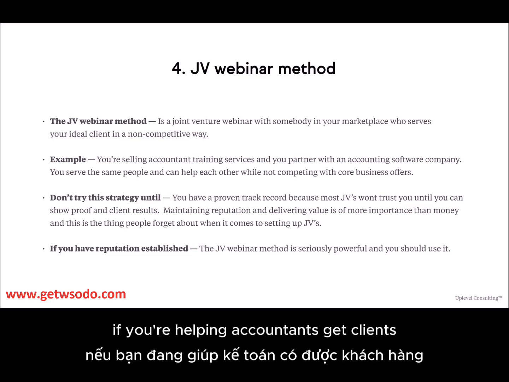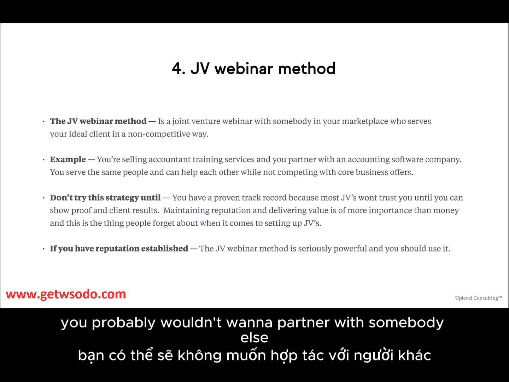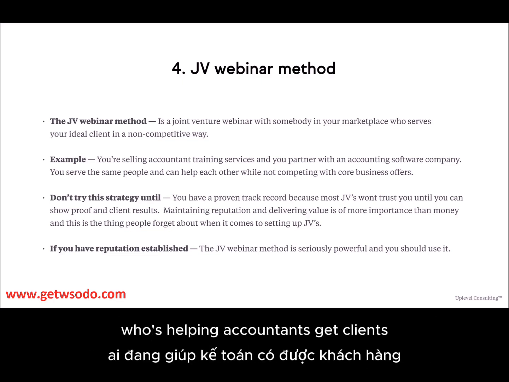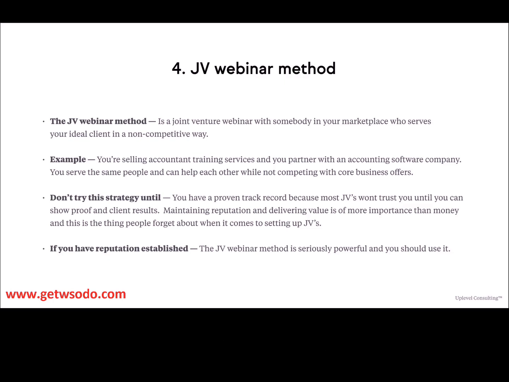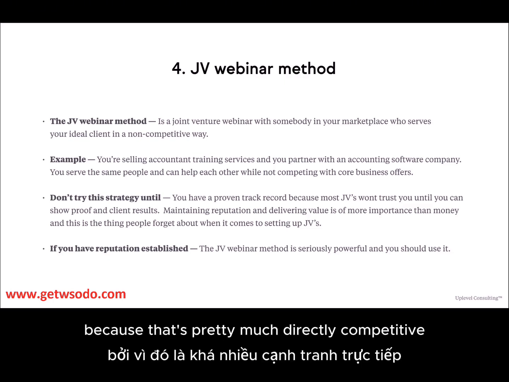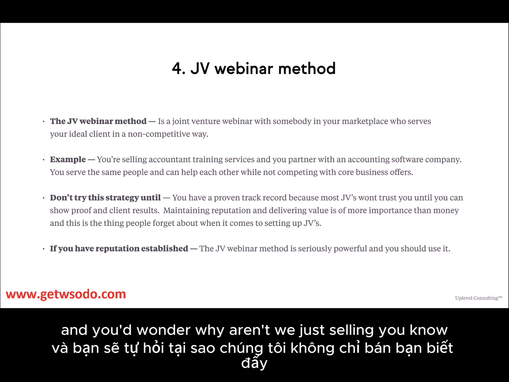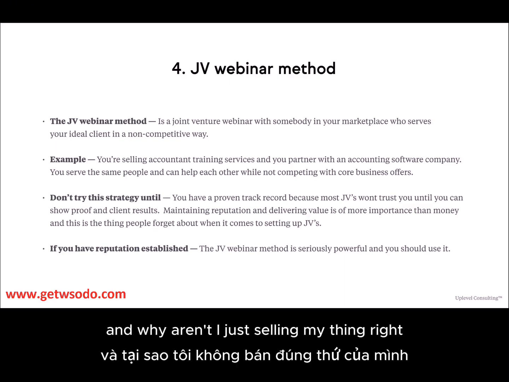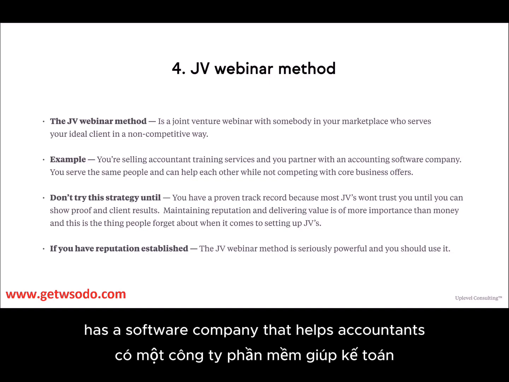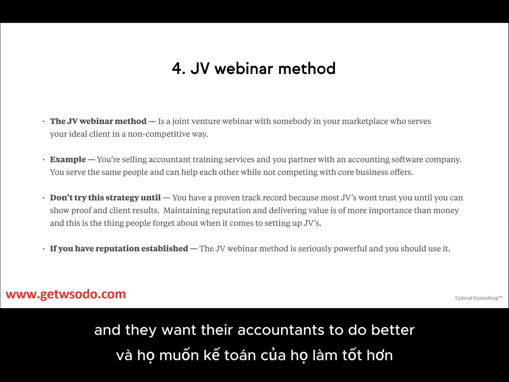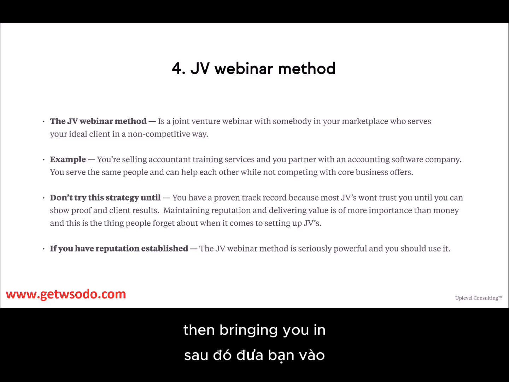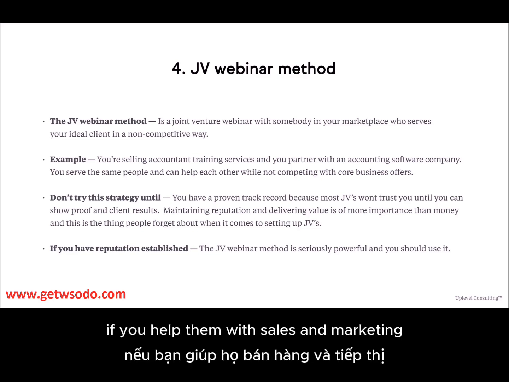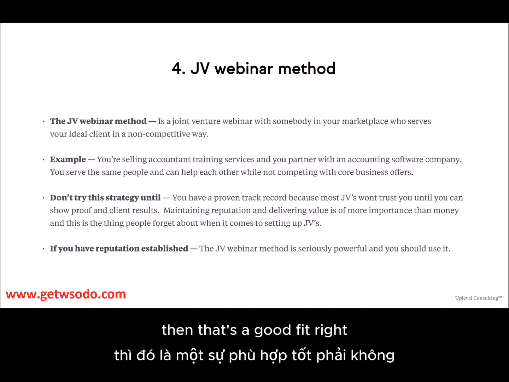For example, if you're helping accountants get clients, you probably wouldn't want to partner with somebody else who's helping accountants get clients by doing the same thing, because that's directly competitive, and you'd wonder, why aren't you just selling your thing and why aren't I just selling my thing, right? But if somebody has a software company that helps accountants and they want their accountants to do better, then bringing you in, if you help them with sales and marketing, that's a good fit, right?